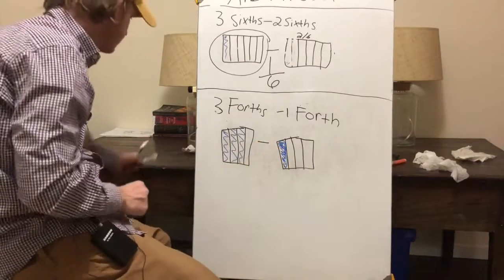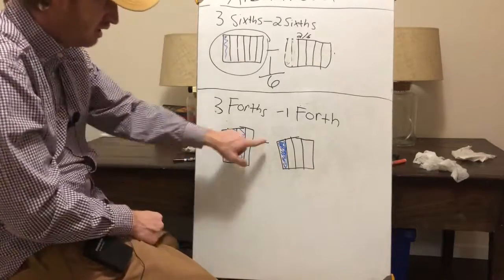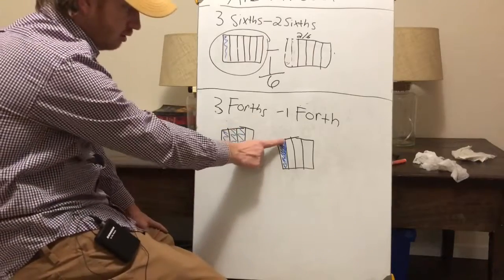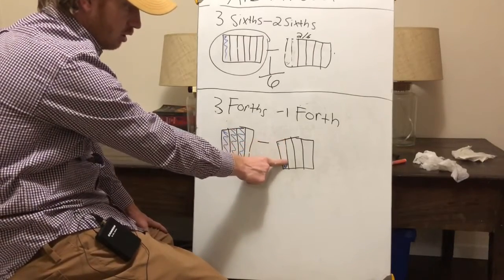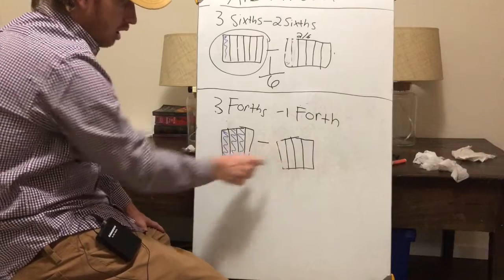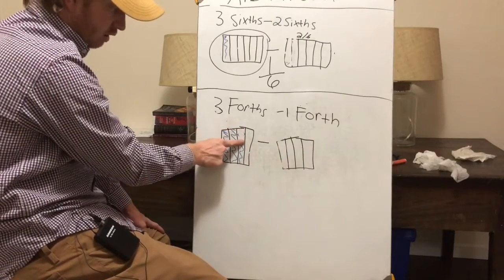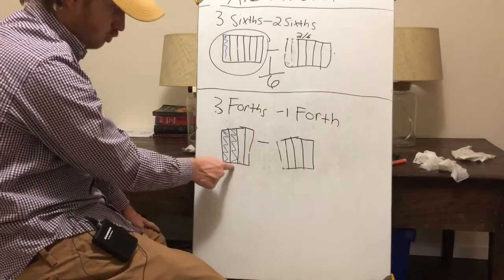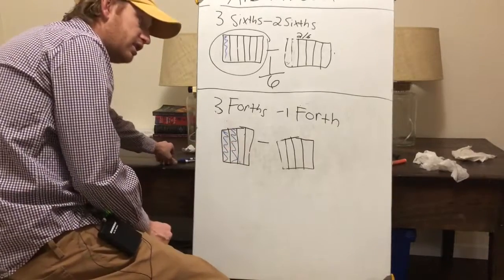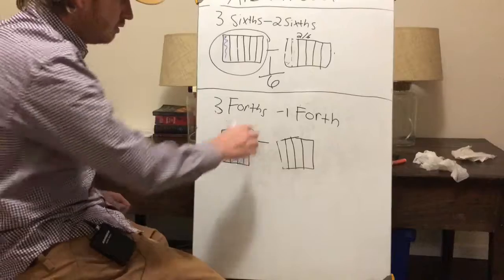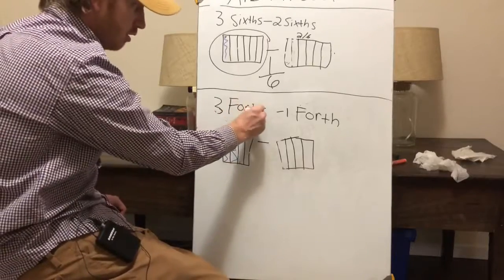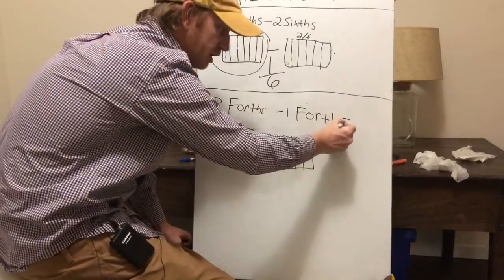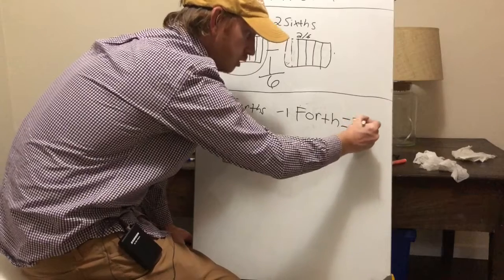And then the same process applies. As I take away or unshade a fourth from over here, I'm going to do the same thing over here. And I see that I have 2 out of 4 left. So 3/4 minus 1/4 is equal to 2/4.